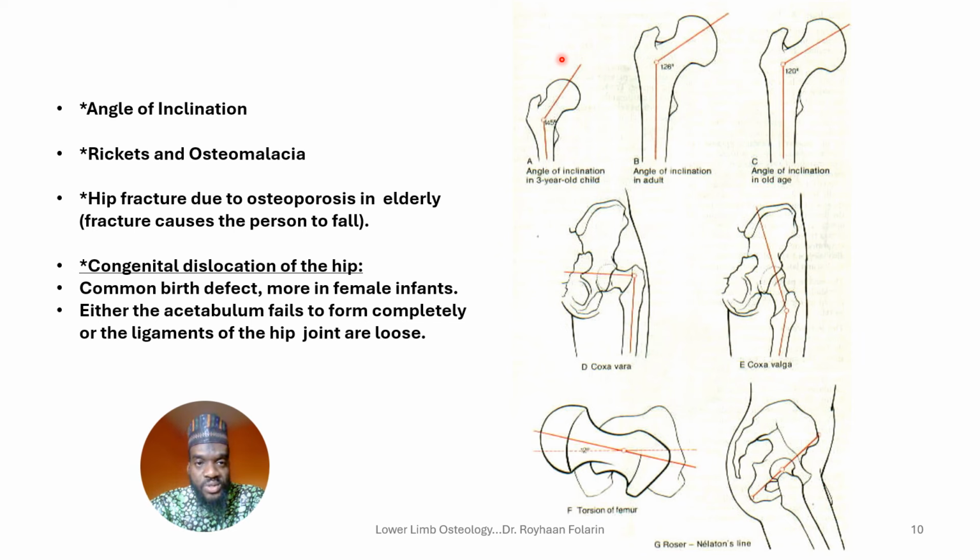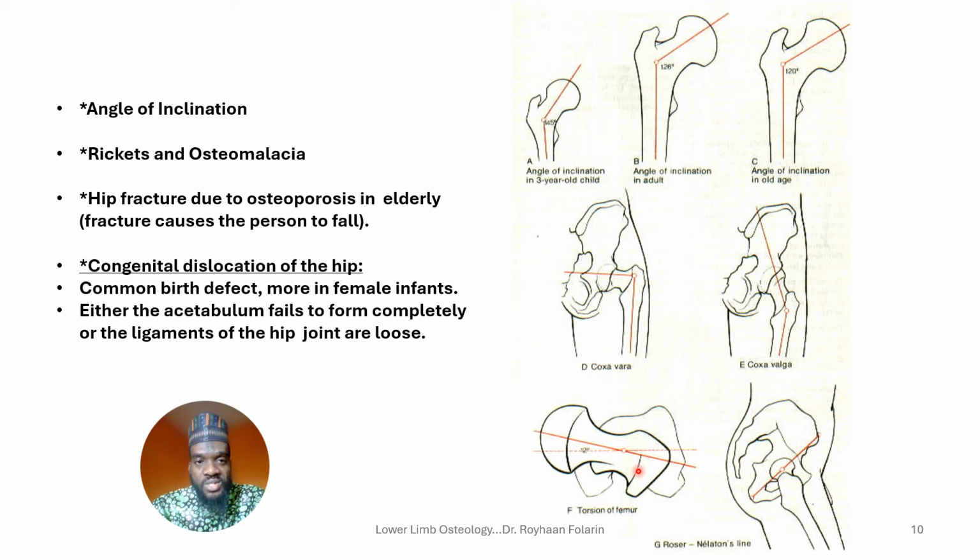Another possible condition is torsion of the femur, as it's shown here. It refers to the twist along the longitudinal axis of the femur. Twist around that longitudinal axis. So it's the femoral shaft that remains more like stationary, and then you have the neck and the head twisting around it.